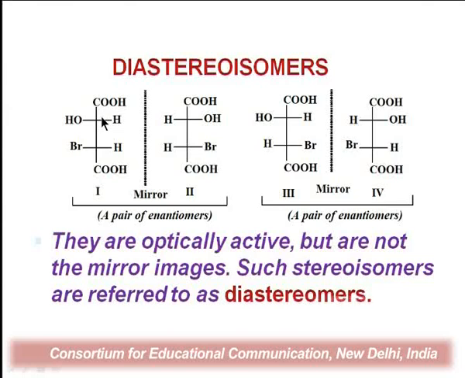So what I'm trying to tell you is that these 2 chiral carbons are dissimilar, since one chiral carbon is attached to the hydroxyl group, which is different from the bromo group attached to the second chiral carbon.